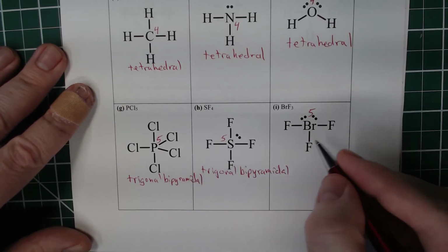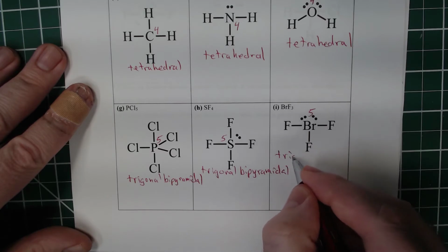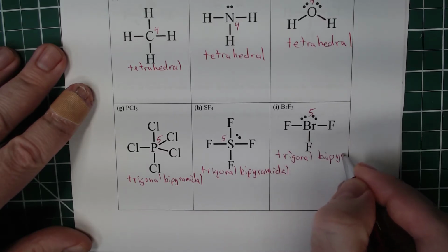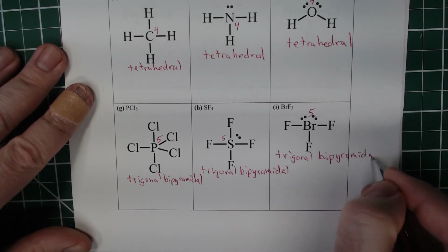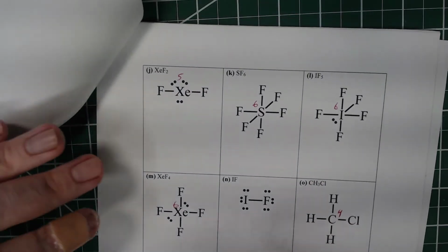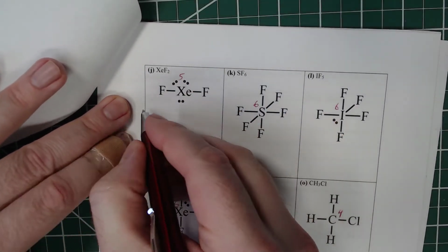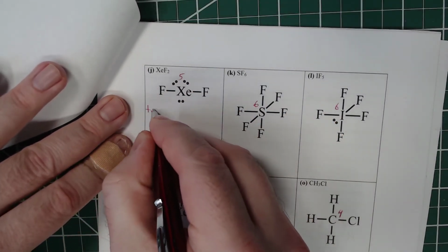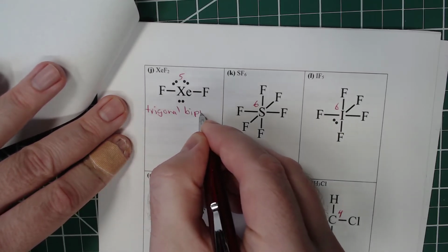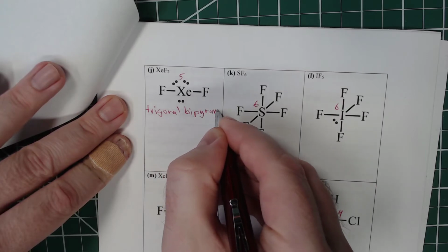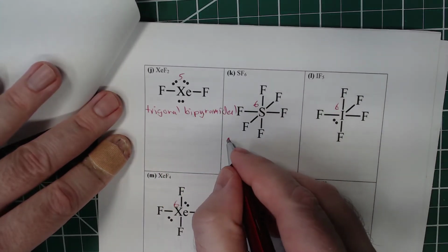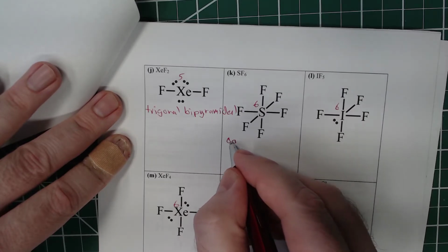All right, and then this one is also trigonal bipyramidal. This one also has 5 domains, so it's also trigonal bipyramidal. With 6 domains, it will be octahedral.